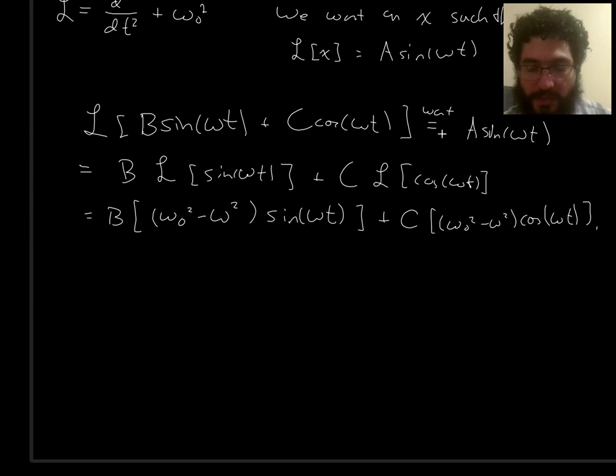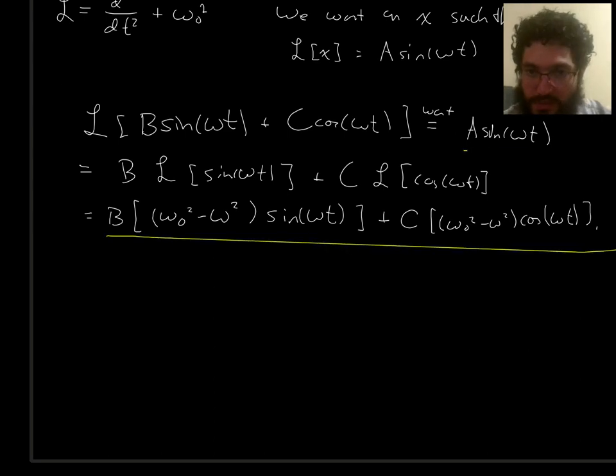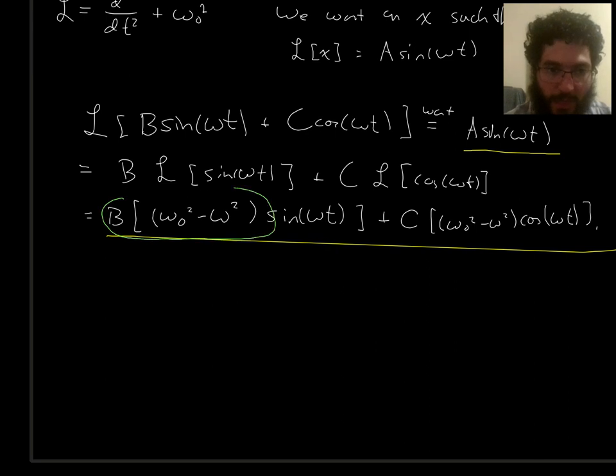So this will give us two equations with the two unknowns b and c, right? Sine omega t and cosine omega t are linearly independent. So the overall equation is this equals this, right? What I want it to be. So which parts do I match up? The b times omega naught squared minus omega squared, I match up with the A, so those should be equal.